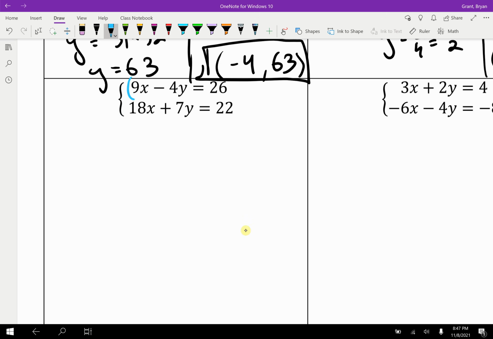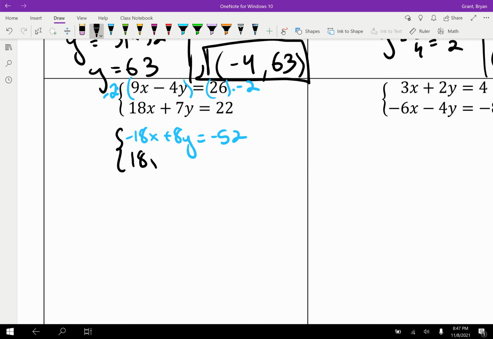So what I'm going to do is take this guy and think, how do we turn 9 into something that will cancel 18? And by the way, to cancel 18, we need a negative 18. Well, I think we can multiply both sides by negative 2 here. And this is going to give me a new system of equations, right? This is going to give me on top negative 18x, don't forget to distribute, plus 8y equals negative 52.